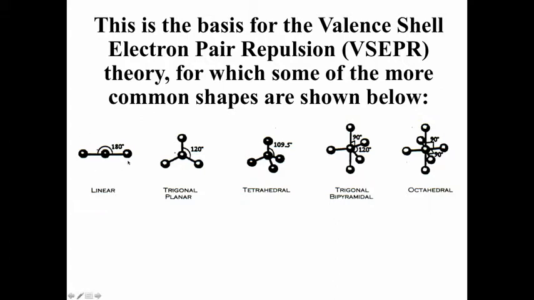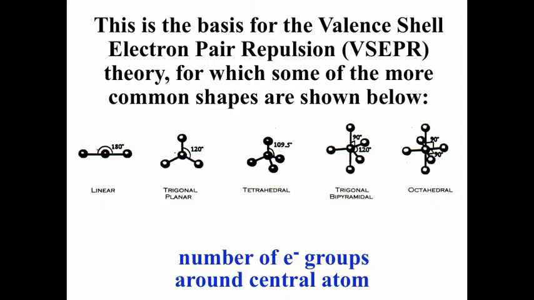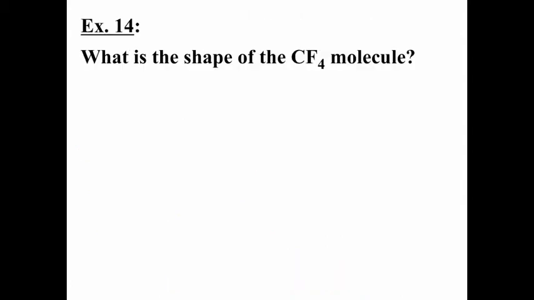So we have a linear arrangement, trigonal planar, tetrahedral, trigonal bipyramidal, and octahedral, and they have respectively 2, 3, 4, 5, and 6 electron groups around the central atom. And these are shapes and numbers of electron groups that you're going to need to do some practice with and get familiar with, and hopefully pretty soon you'll get the general idea and become expert in this.